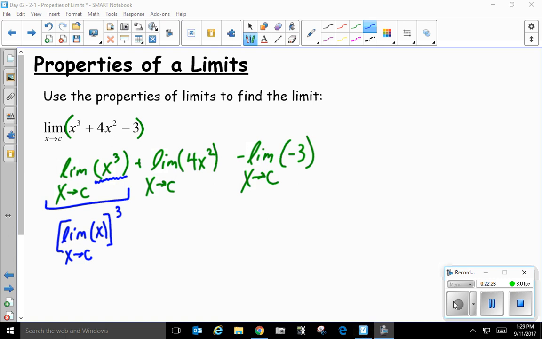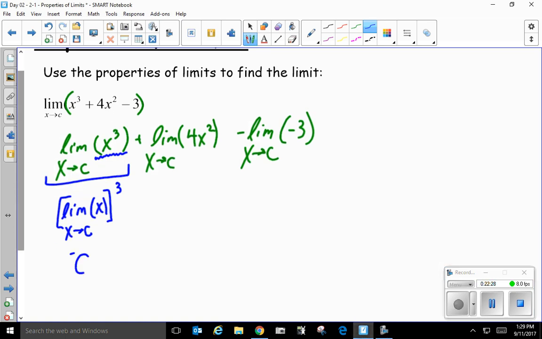So now I have c cubed. So that's c cubed, the first one. Okay, good.